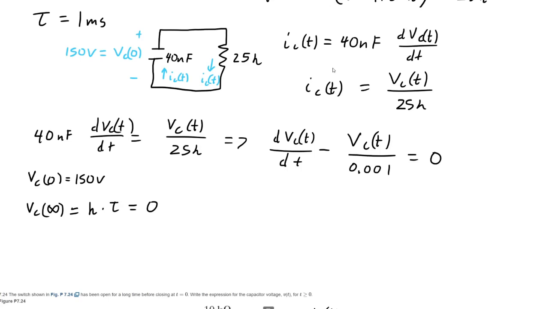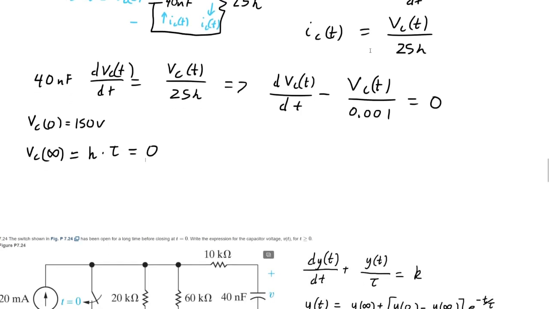And our expression for the voltage is going to be VC(t) equals V infinity, which is 0, plus V0, which is 150, minus VC infinity, which is also 0, times e to the minus t over tau, and tau is known to be 0.001.